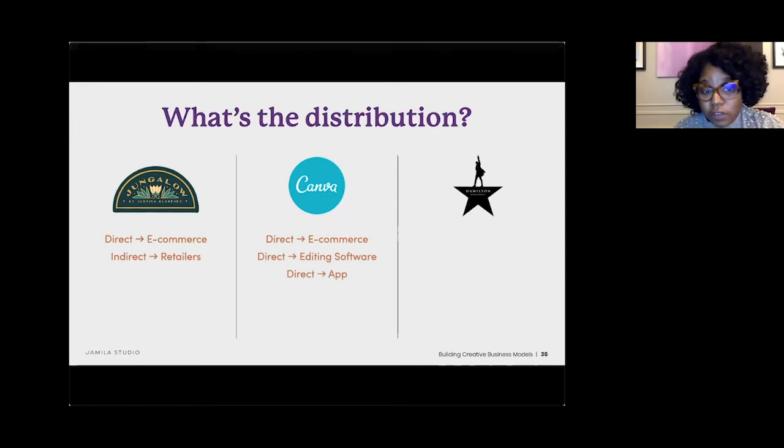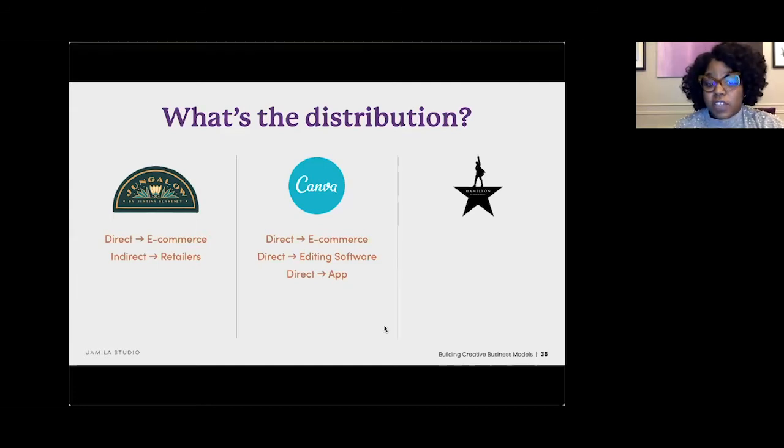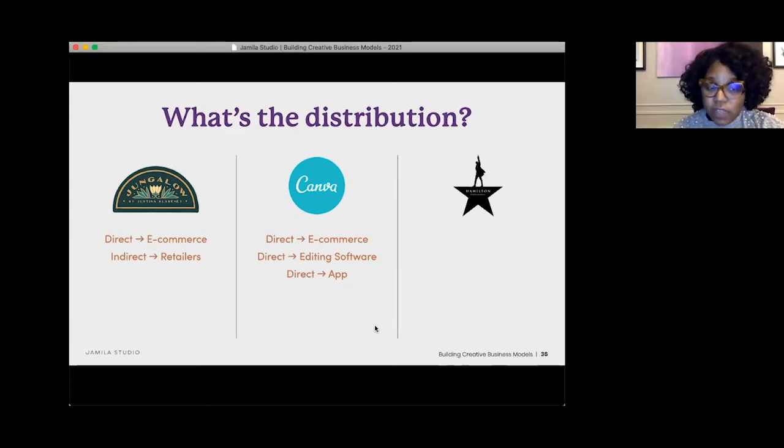Canva, they do e-commerce direct, but they also have direct editing software. As I mentioned, you can go to Canva, you can use their templates, and you can co-create your own products through Canva. And you can also use an app. Canva, as of right now, doesn't have any indirect channels; you can only purchase directly through Canva.